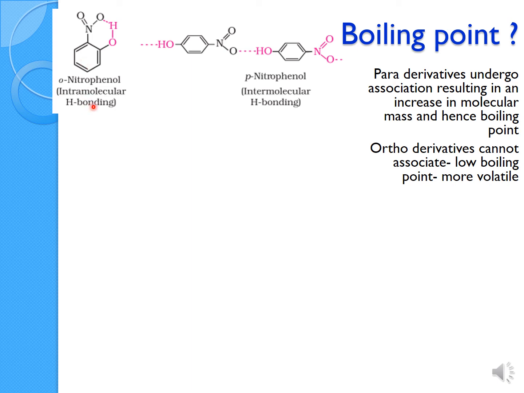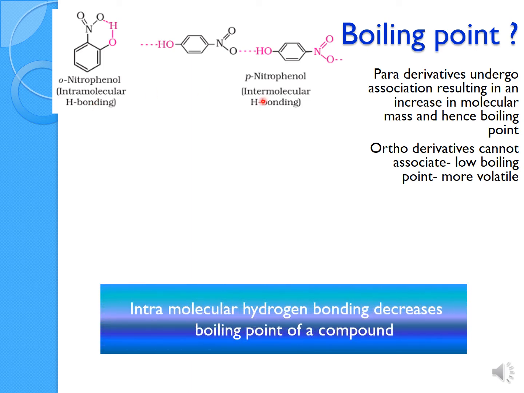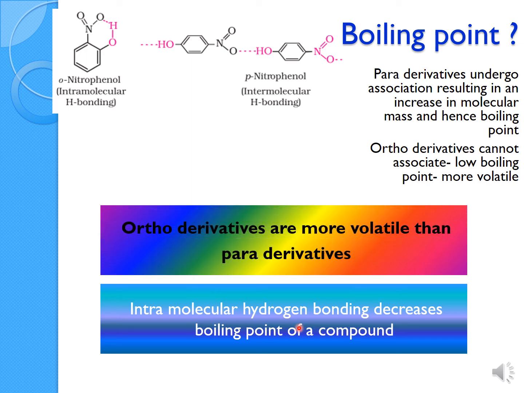Or you can say intramolecular hydrogen bonding decreases the boiling point of a compound. Orthonitrophenol has a low boiling point because of the presence of intramolecular hydrogen bonding. Or you can say the ortho derivatives are more volatile than para derivatives.